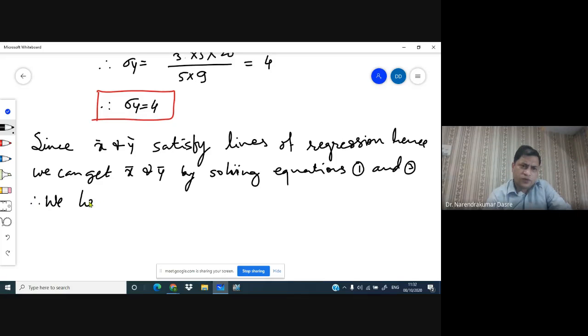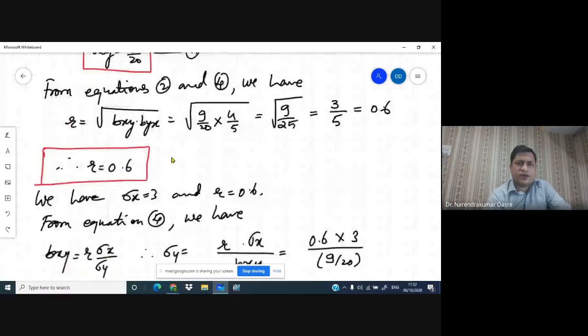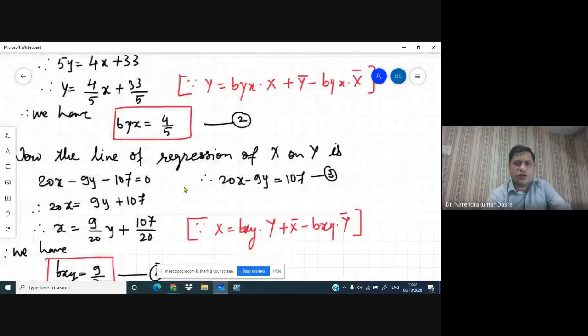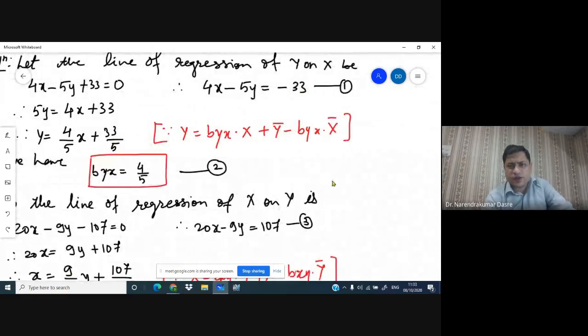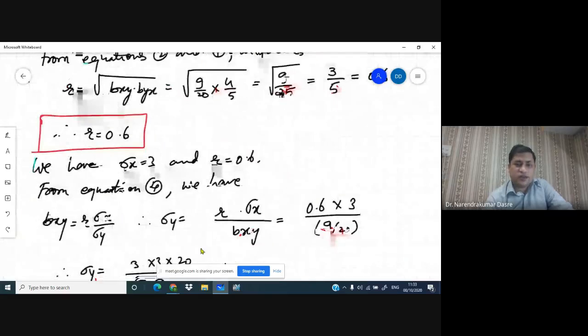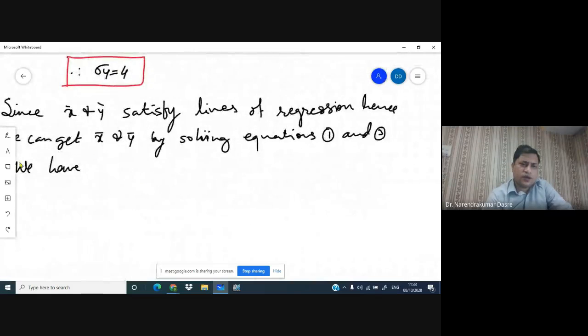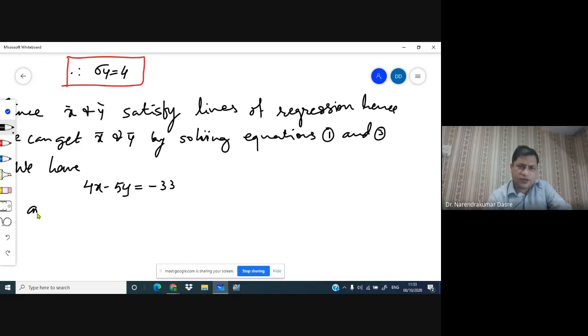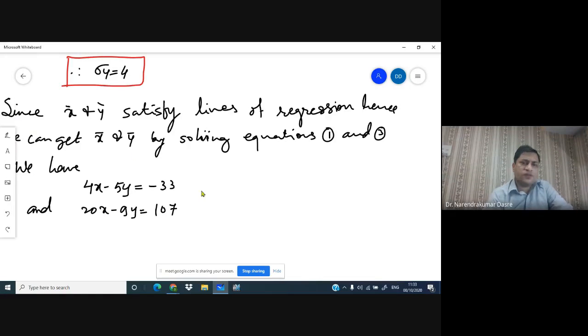So what is the equation 1 we have simplified? It is going to be 4x minus 5y is equal to minus 33. And this is what you will be having, 20x minus 9y is equal to 107.